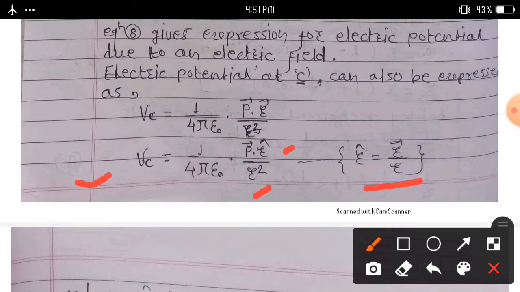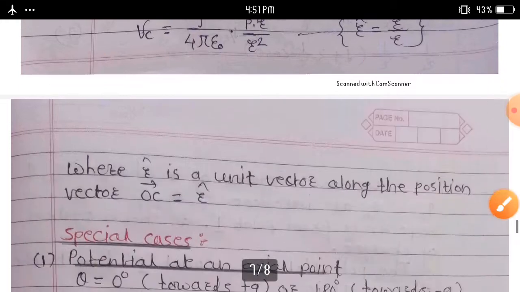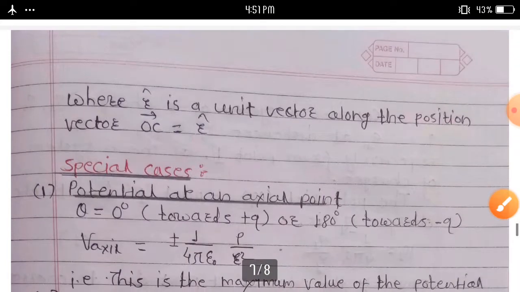Here small r cap is a unit vector along the position vector OC bar, equal to r cap. Then we discuss some special cases.